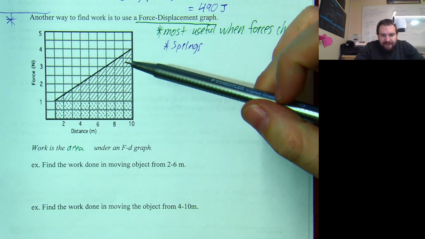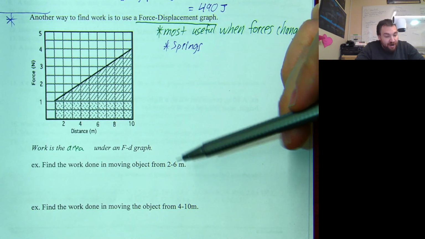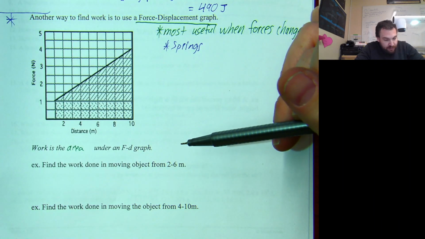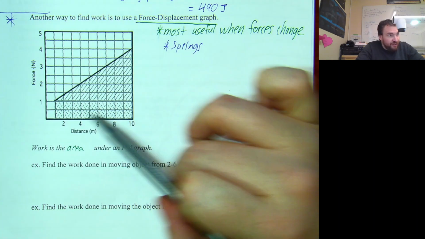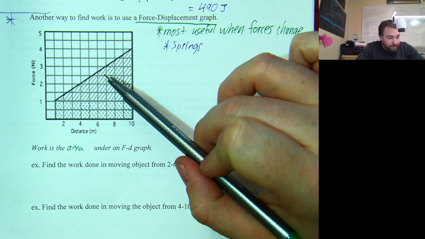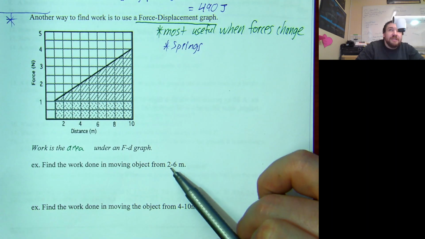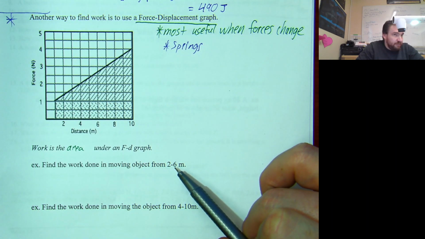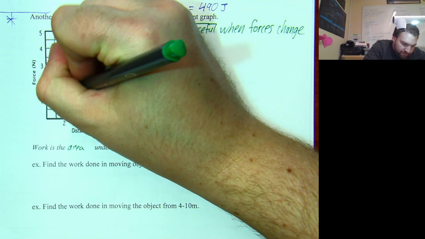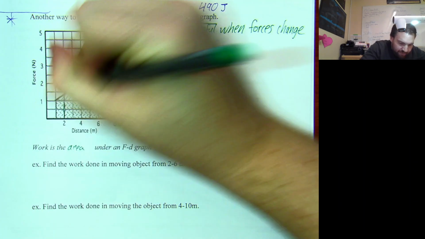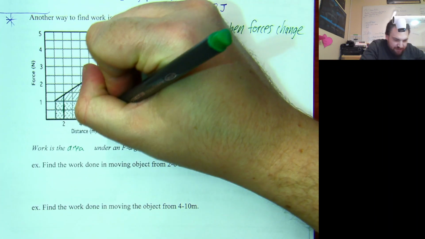So if I give you a graph like this and I say I want to find the work required to move this object from 2 meters to 6 meters, given this information, all we've got to do now is break this graph up into sections and figure out the areas. So let's do it. So I want from here to there.